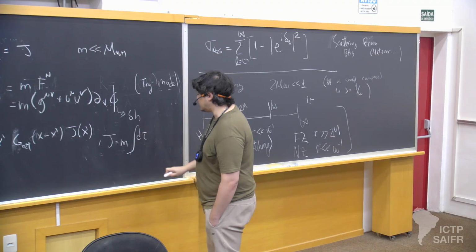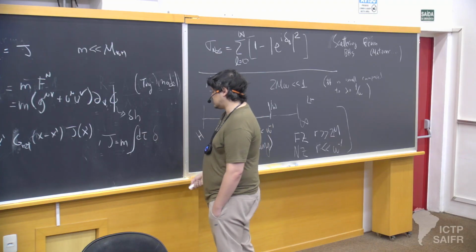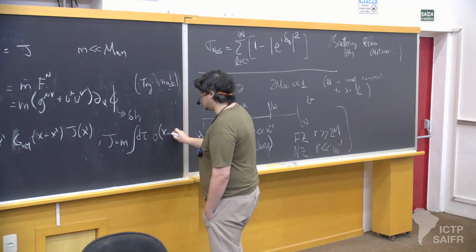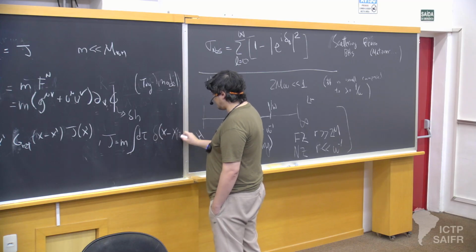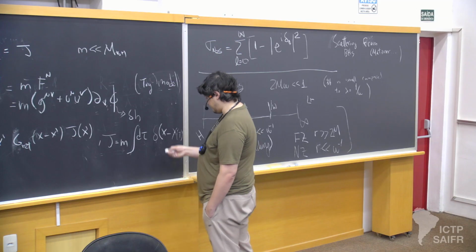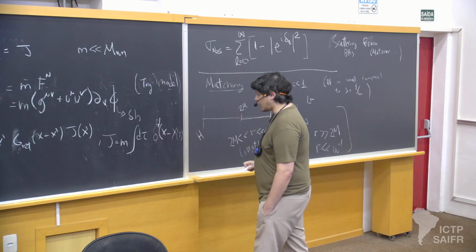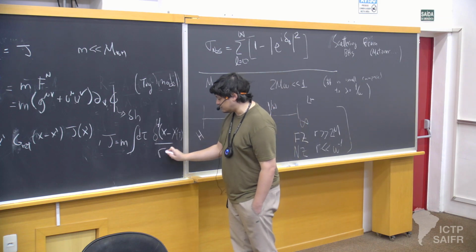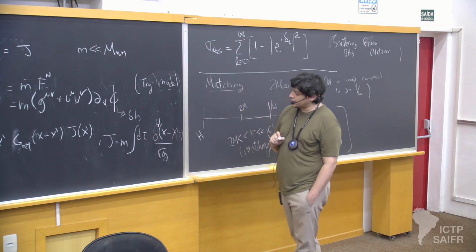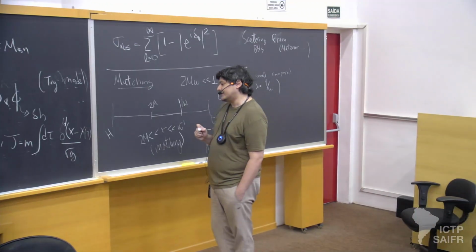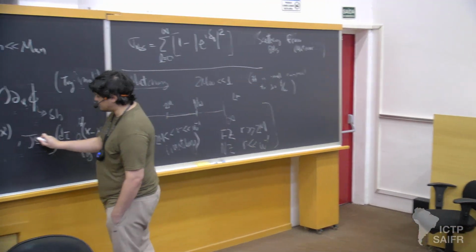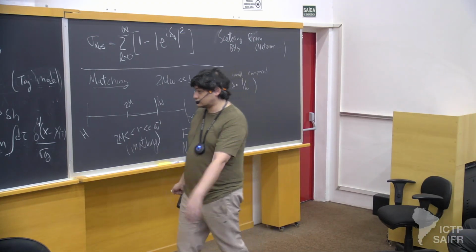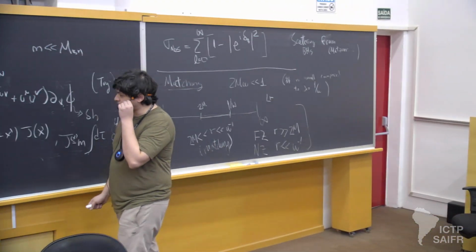So it's going to be an integral over the world line times a delta function on the world line. And this is a delta function in a curved space-time, so you have to divide by the volume, because it's a volume form. And this is a function of x.